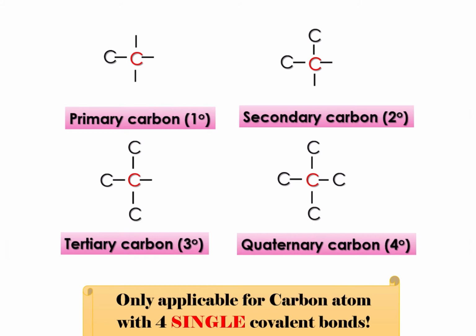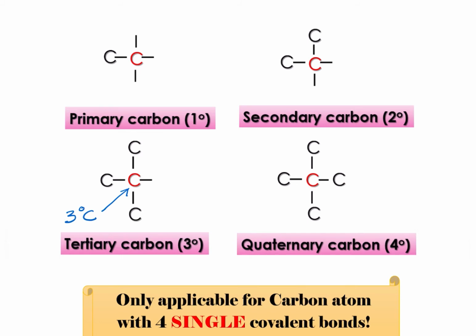So this is going to be secondary carbon. And the next one, we got tertiary carbon with 3 carbon atoms attached to the red one. So this is going to be the tertiary. If you want to label, you can label it like this. An arrow shows the carbon that you want to label with this symbol.